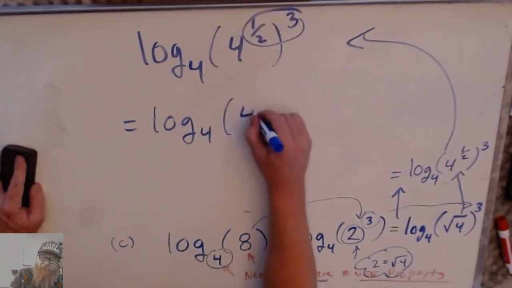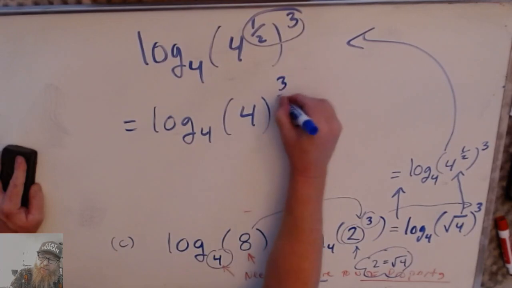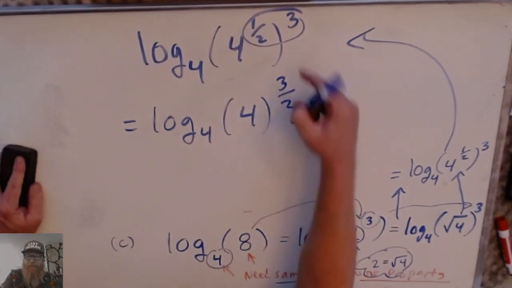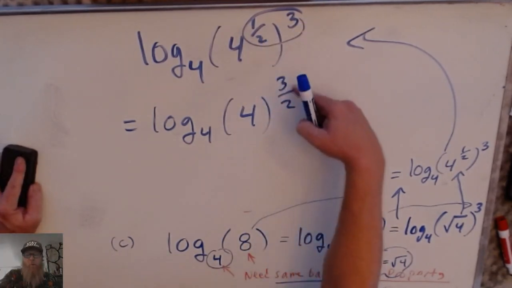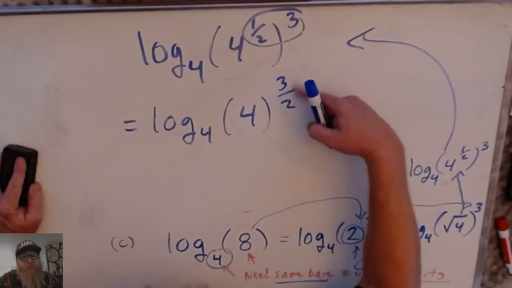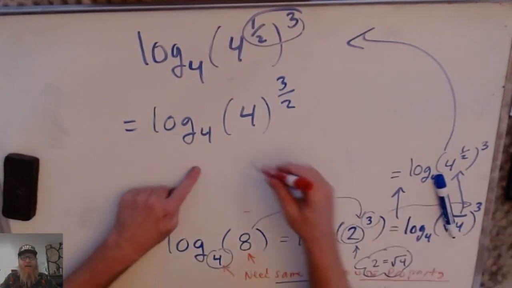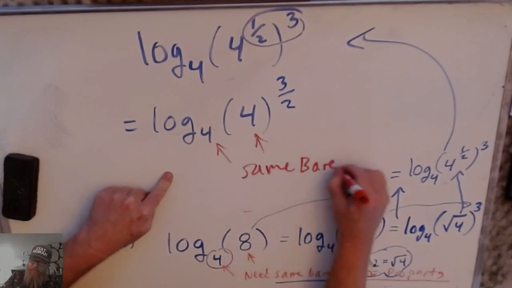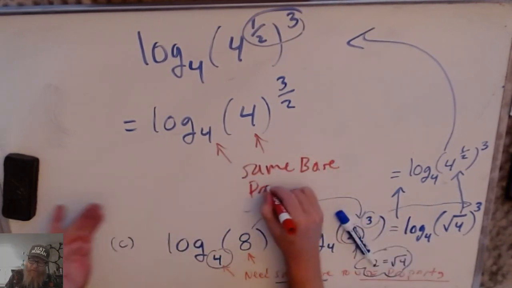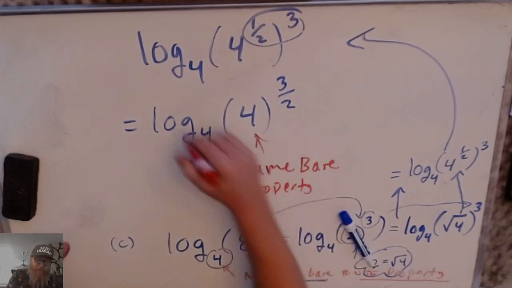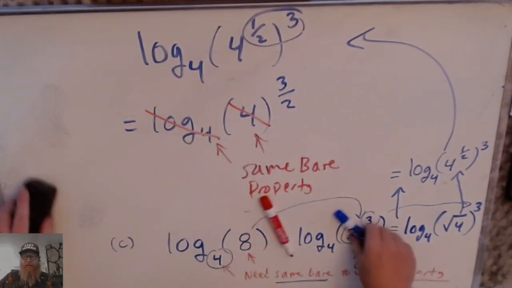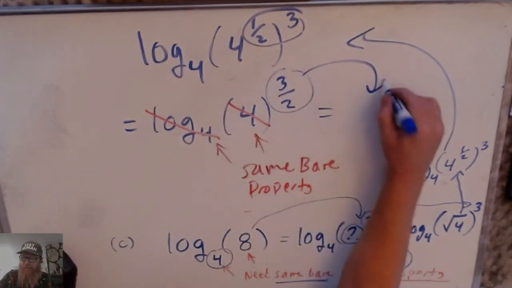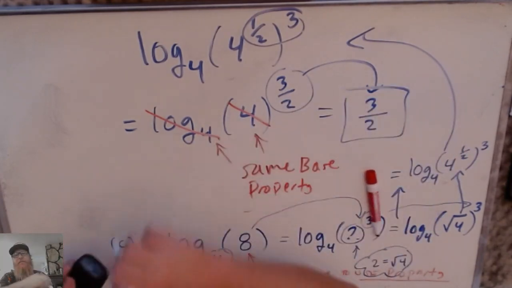Combine the powers. Bring the power outside. 3 times 1/2 is 1.5, but I actually prefer a fraction, 3/2. And now you got it. Same base. You can call that the same base property. We're going to cancel these out, and your answer is just going to be 3/2.